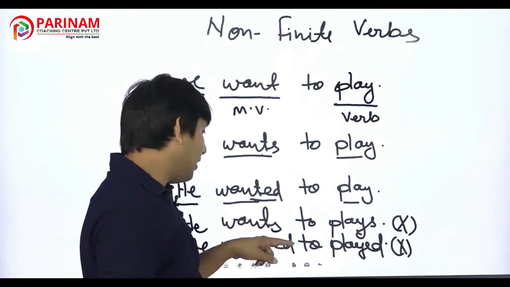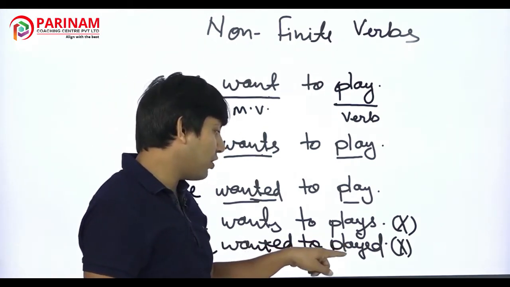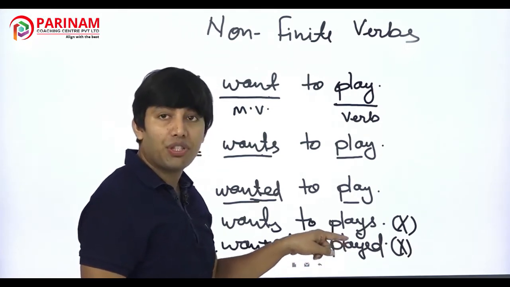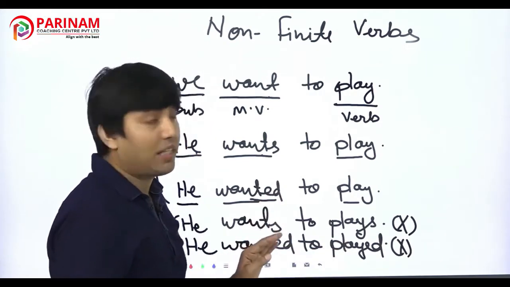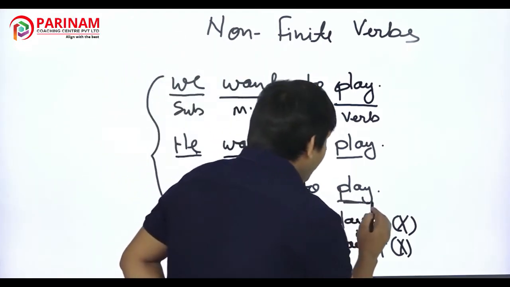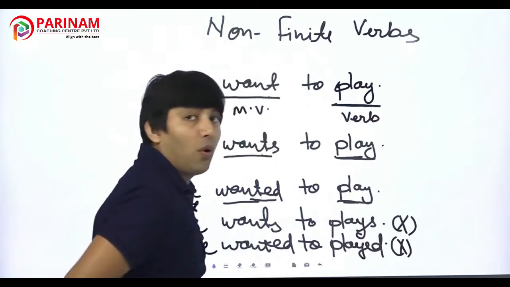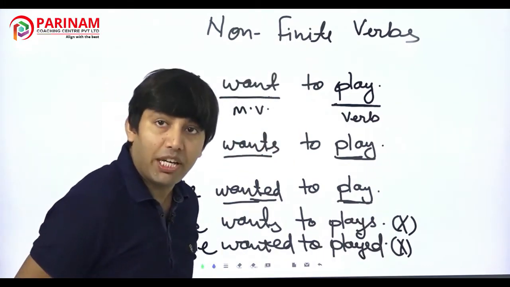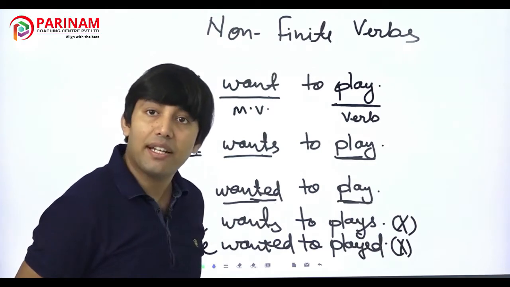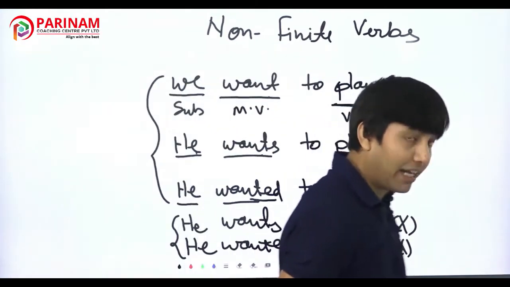That means the verb written after to, I can't write in the second form of the verb. So that shows this verb remains unchanged, no matter what the subject is, no matter what the tense is. Did you get my point? Again I am making you understand.